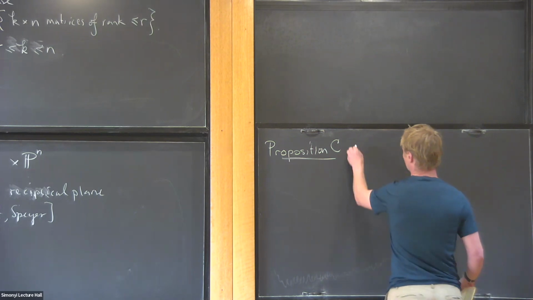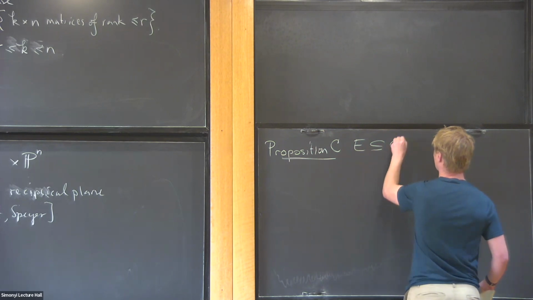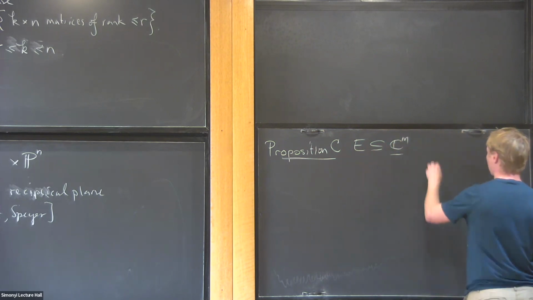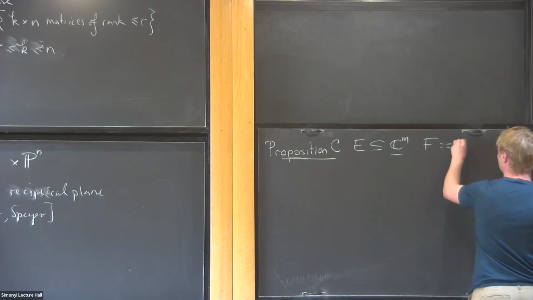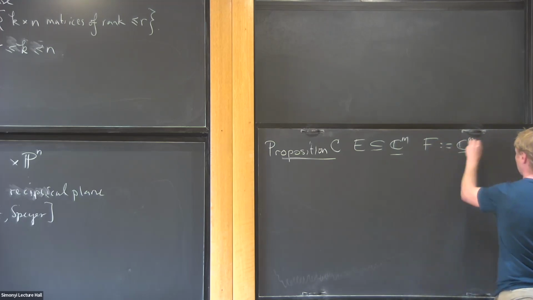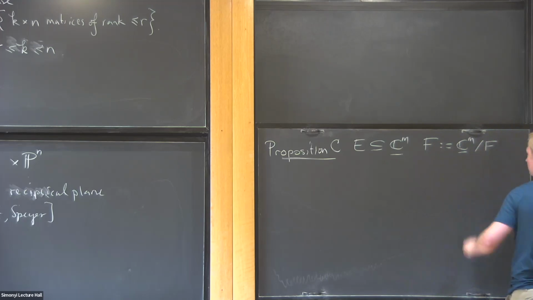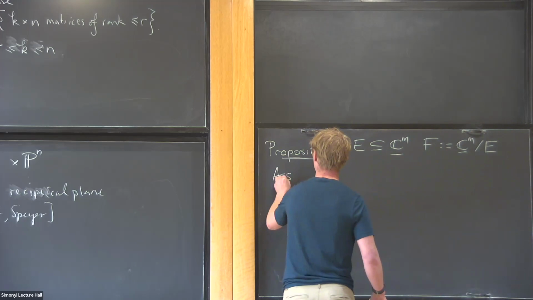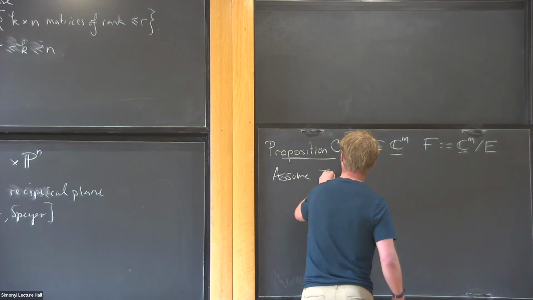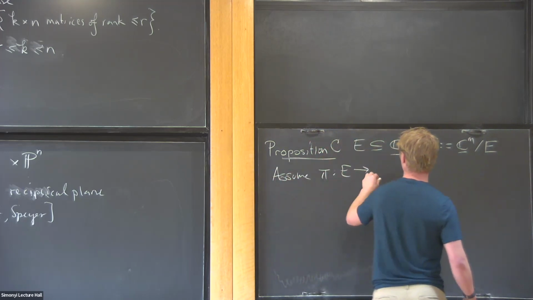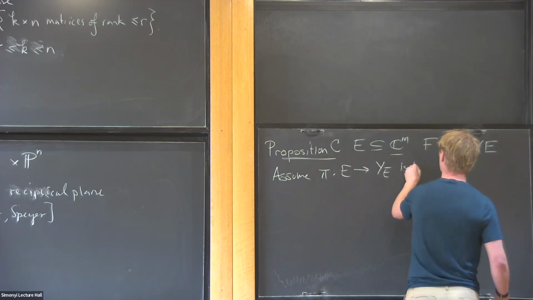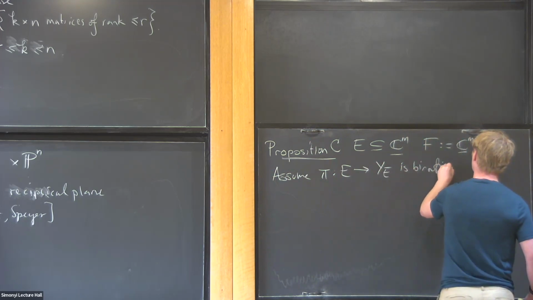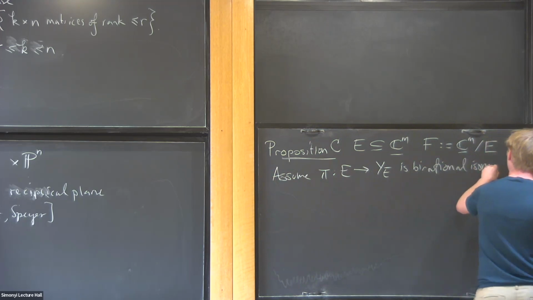Okay, so I've got E inside CM. F is going to be the associated quotient bundle, which is CM modulo E. And so let's assume that the collapsing map is a birational isomorphism.